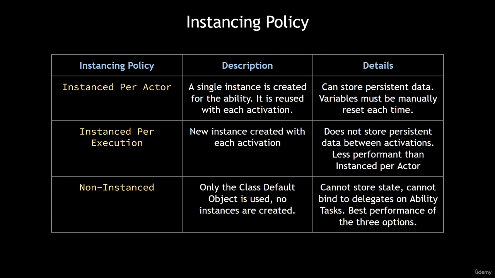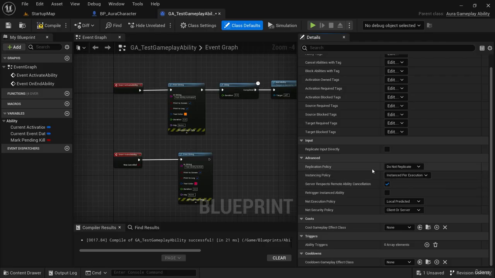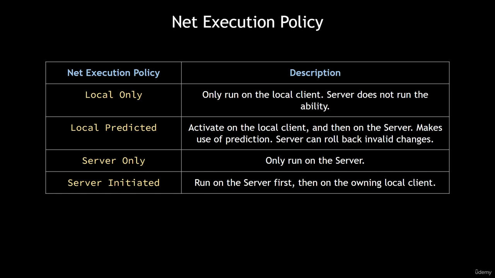But of course, we get some performance gains with that. So that covers the instancing policy. Let's also talk a little bit about net execution policy and what these options give to us. So we have 4 options for net execution policy: local only, local predicted, server only, and server initiated. So what do these mean?